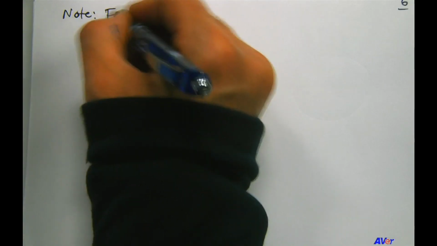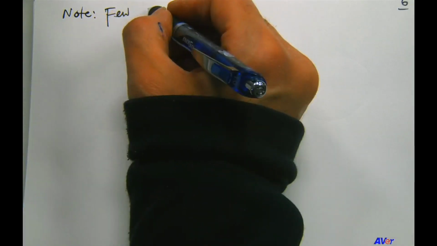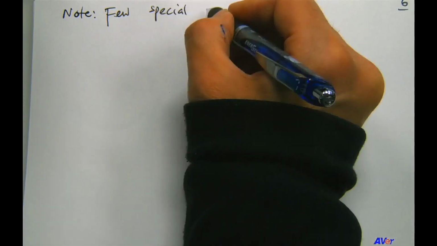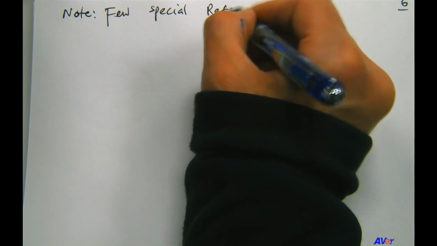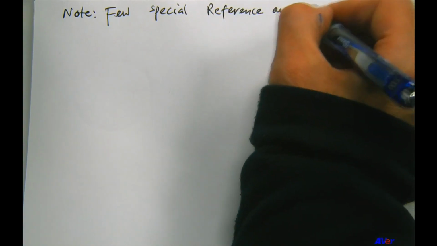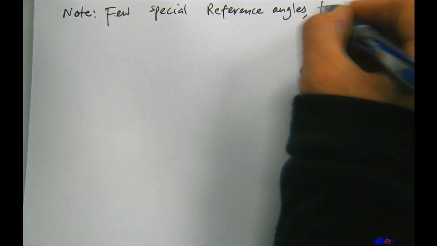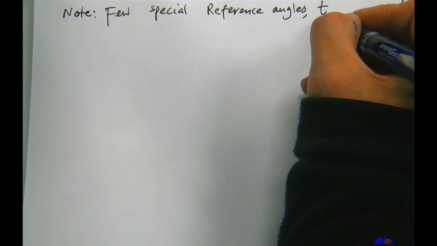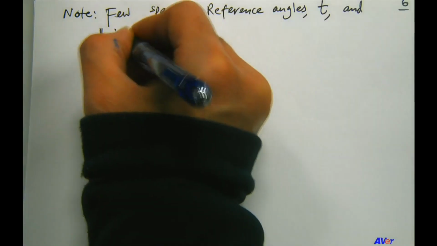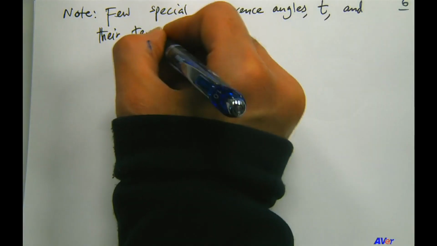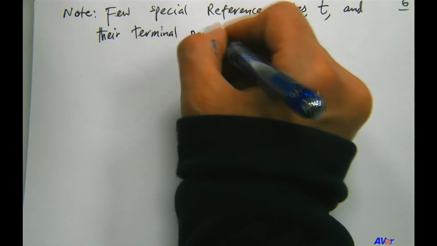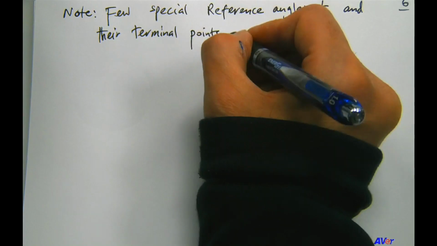So note, let's make a note about it. These are the few special reference angles. And we can call them anything. Let's call them t. And their terminal points. Okay.